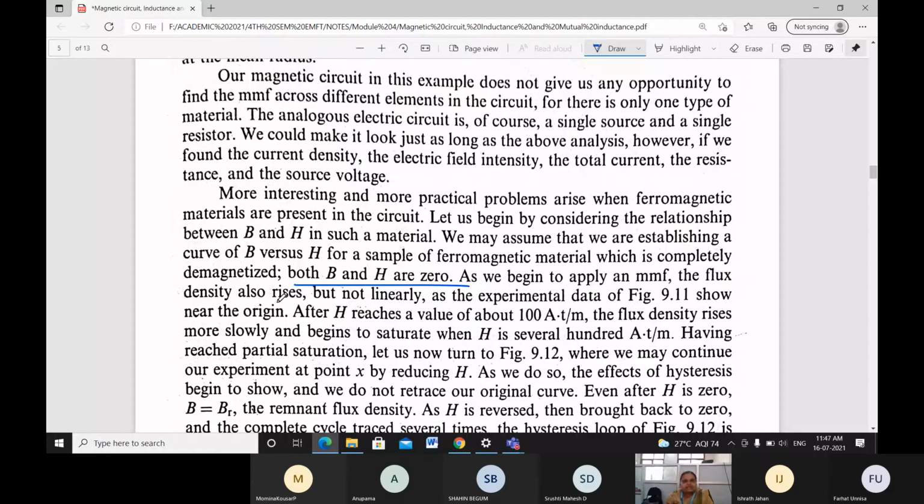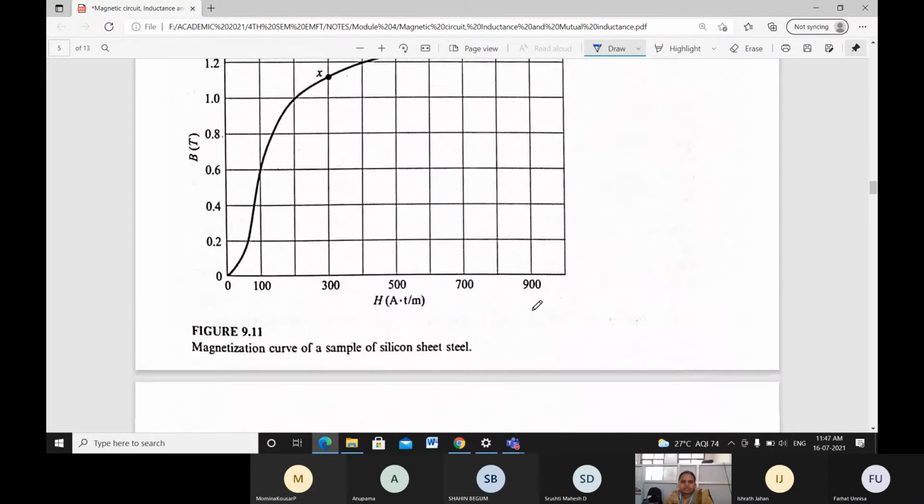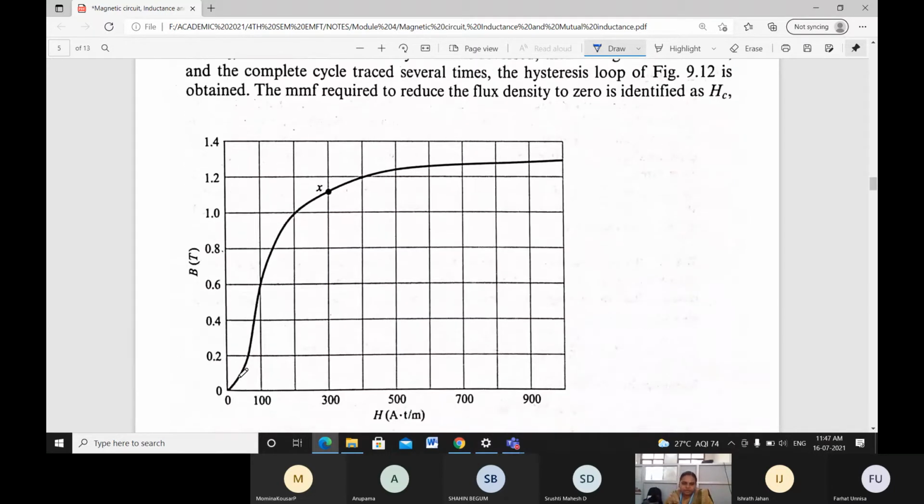The flux density also goes on increasing, but not in a linear fashion. It is nonlinear. The figure shows this. Observe here, our flux density is going on increasing with respect to the magnetic field.